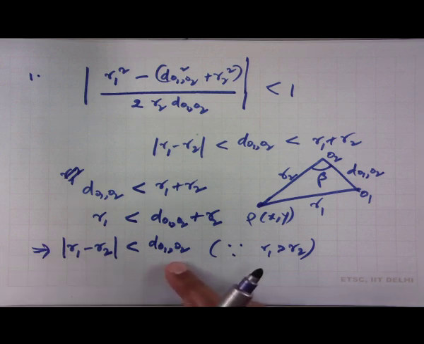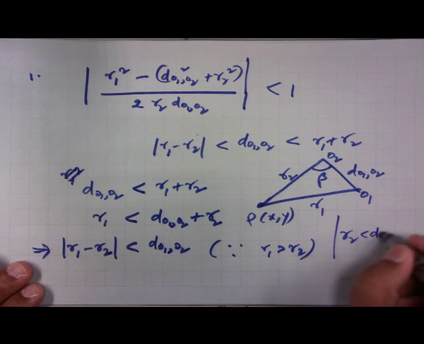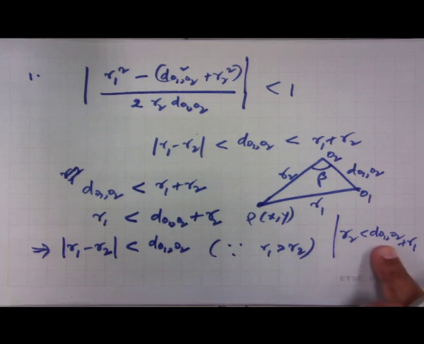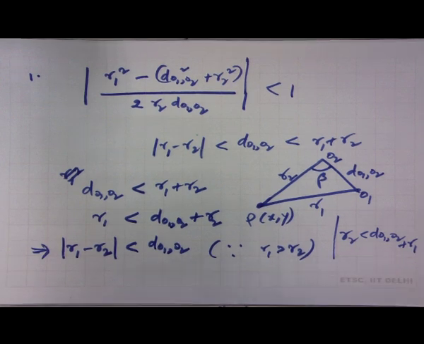And the third triangular inequality will not give us anything meaningful, because the third will be R2 is less than d(O1, O2) plus R1, which is anyways true because R1 is greater than or equal to R2 and the distance between the two centers is positive.